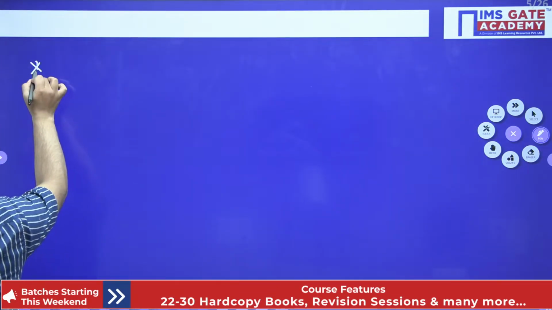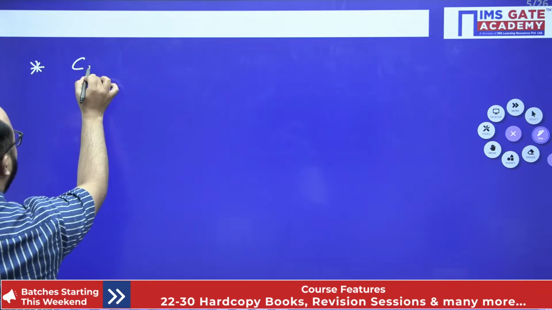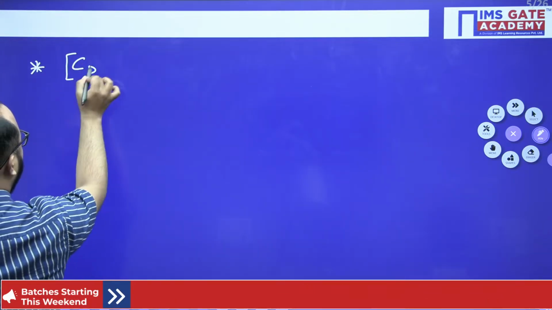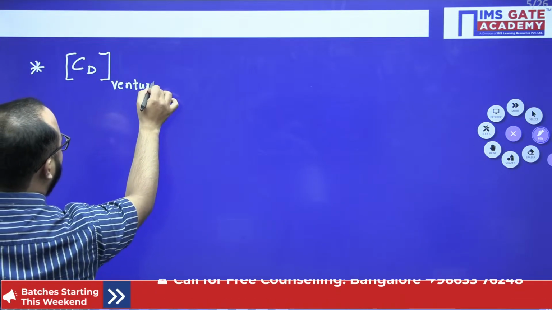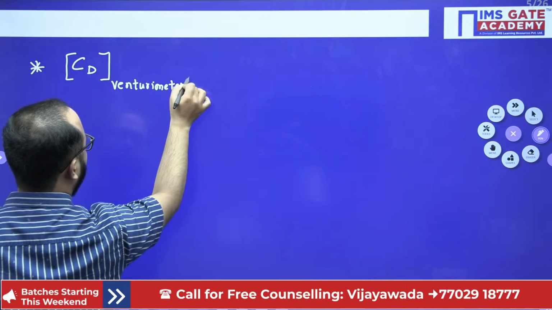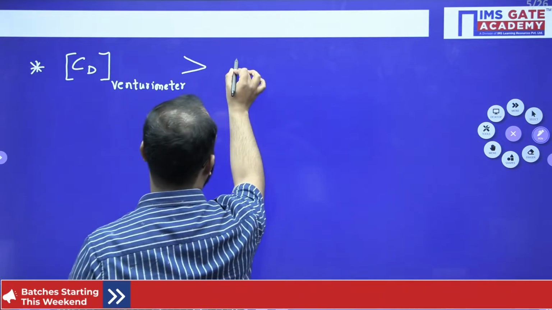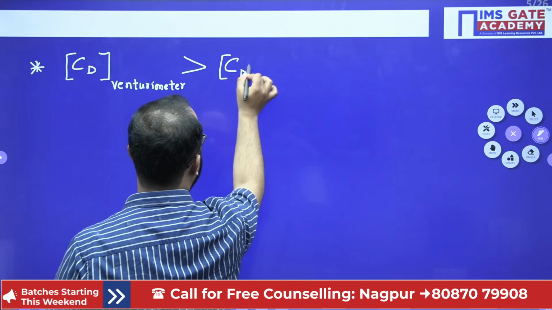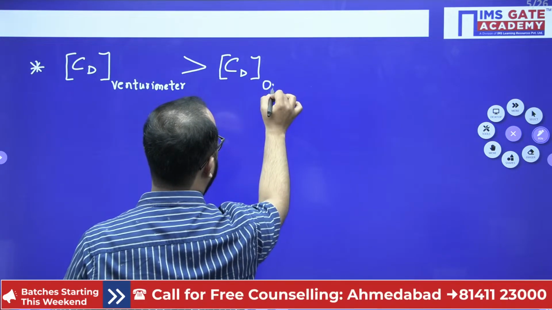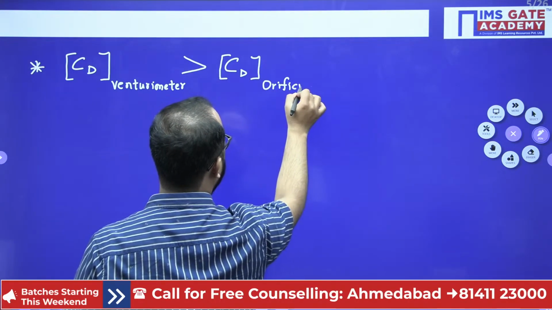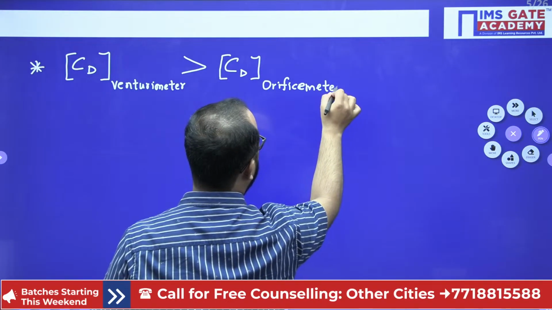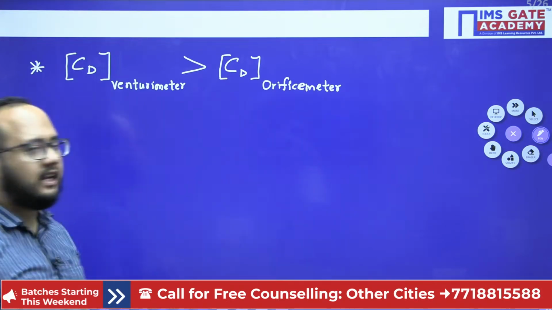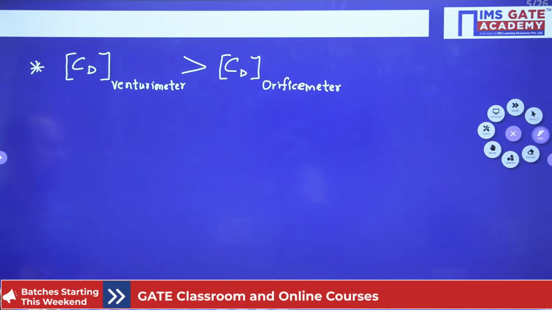As a result, you will observe that the CD value of venturimeter will be more as compared to the CD value of Orificemeter, because losses are more in the case of Orificemeter, so its CD value will be less. Correct. That is one important point.